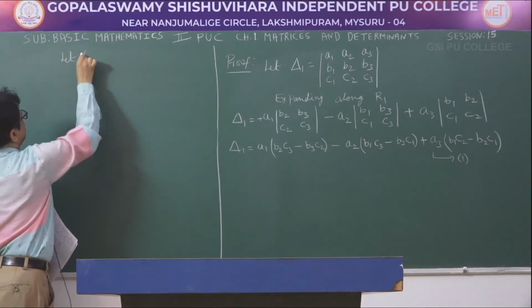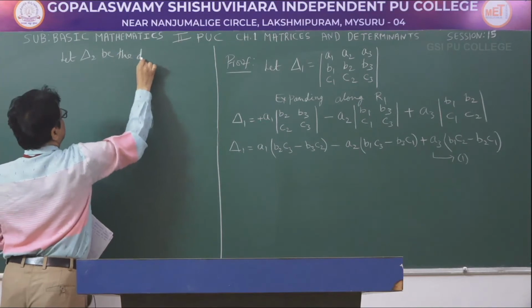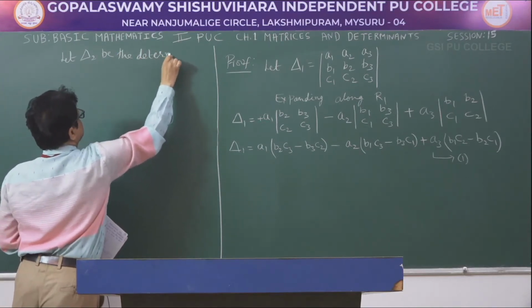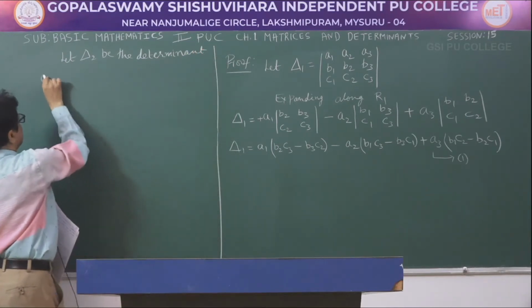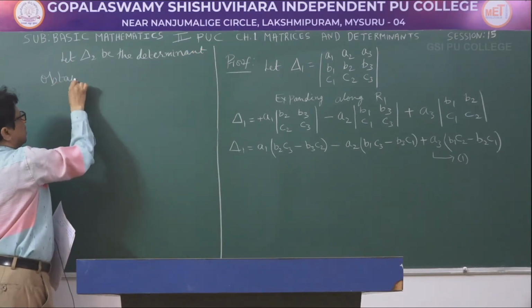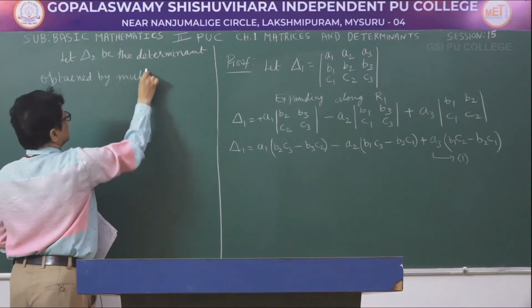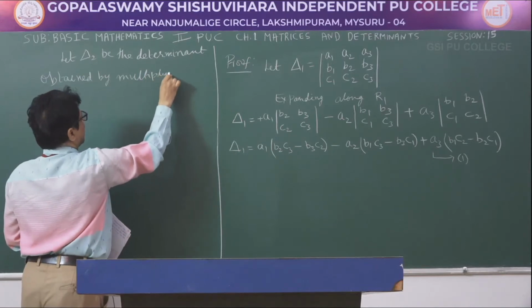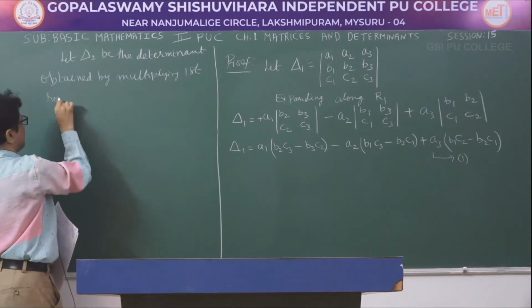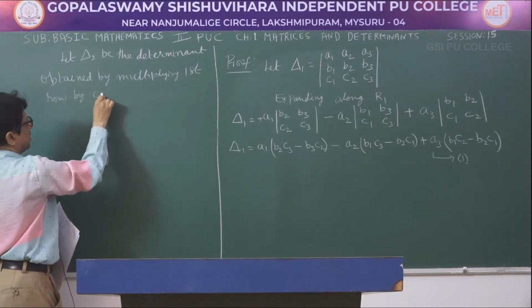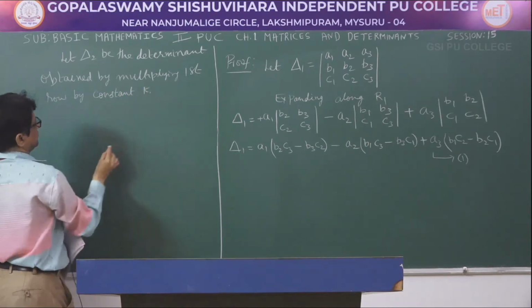Let delta 2 be the determinant obtained by multiplying first row by constant k.